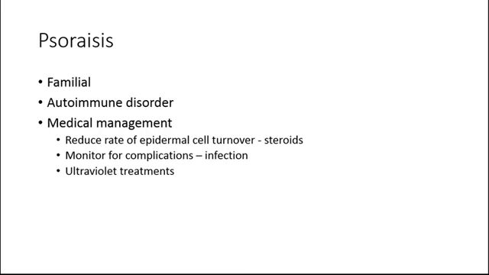One of the reasons is that we need to get vitamin D. Another treatment for psoriasis is the application of vitamin D ointments. But it is an autoimmune disorder, and what we want to do is slow down the turnover and replication of the cells, and therefore take care of those plaque lesions.